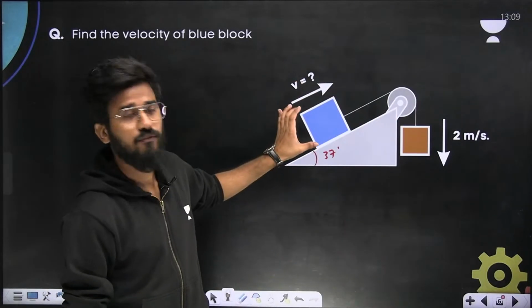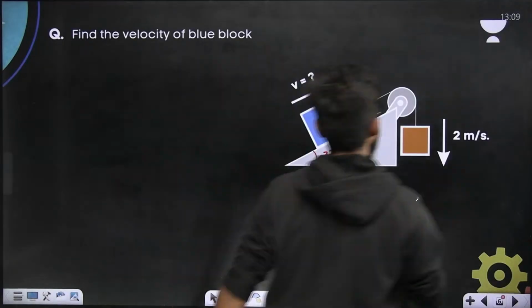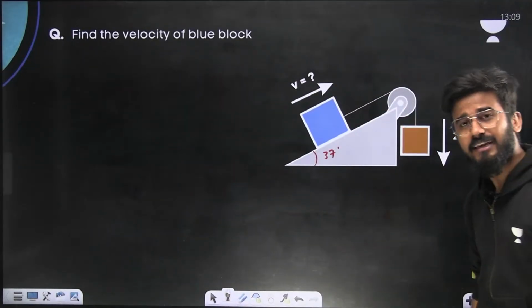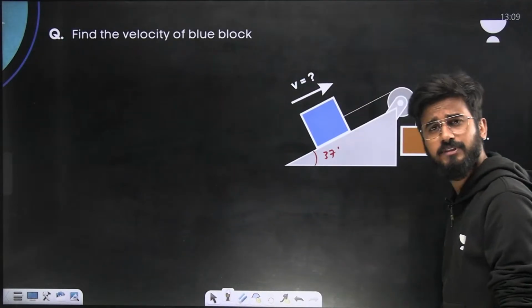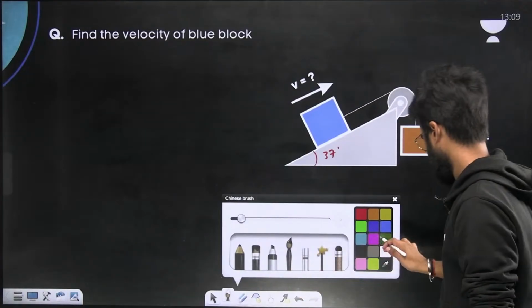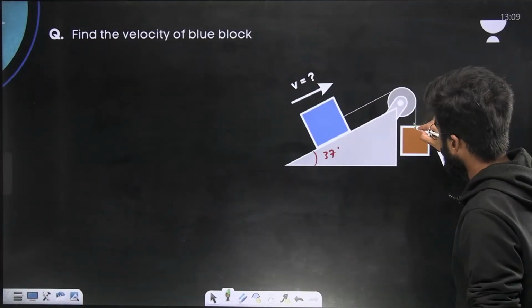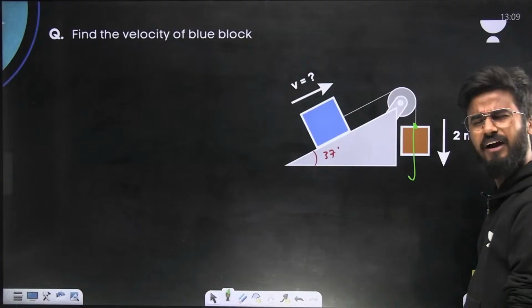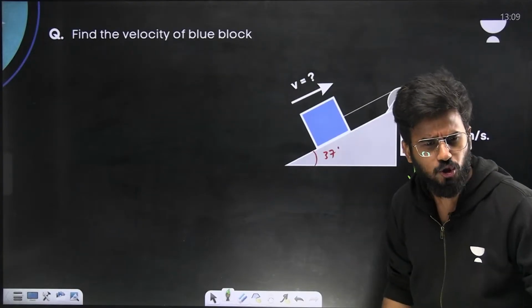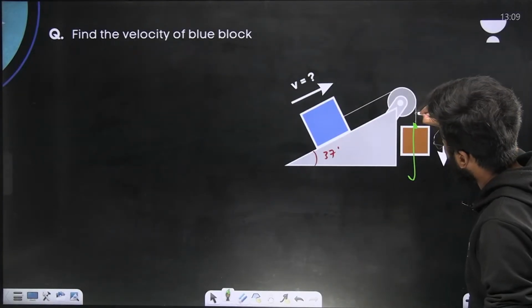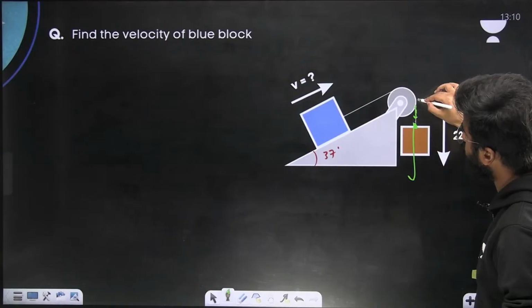What is the velocity of this block? If this block is going downward with velocity 2 meters per second, we can simply say that the velocity of this point will also be downward at 2 meters per second. Yes or no? Now suppose that we are going upwards. So this is also moving with 2.